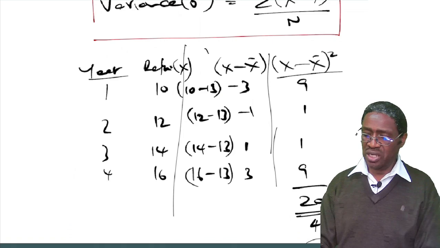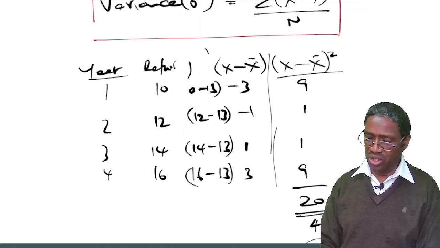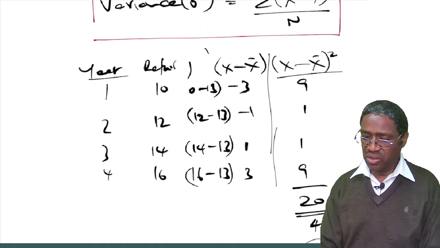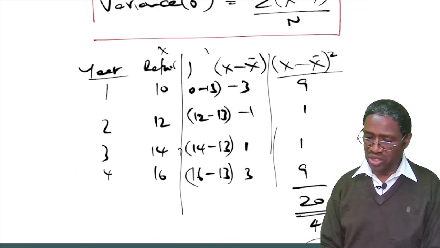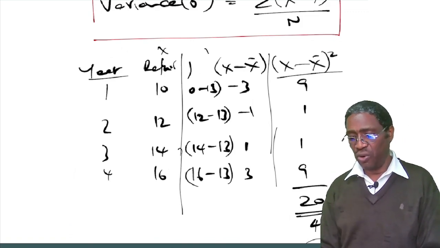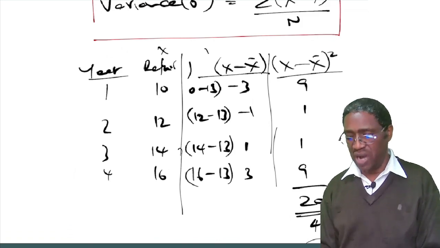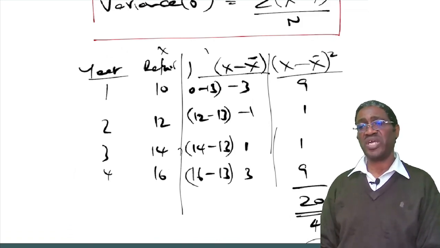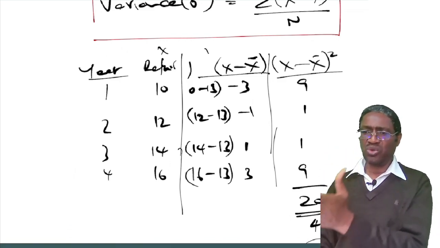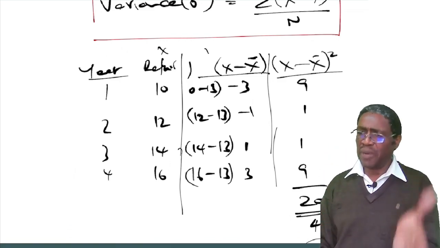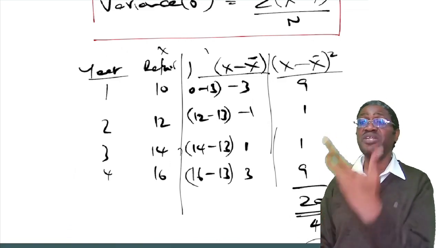You can do that in the form of a table. This is the return x. Then we want another column for x minus x bar, which is the mean, so you get the deviations from the mean. Then you square those deviations. The purpose of squaring the deviations is to eliminate the negatives.